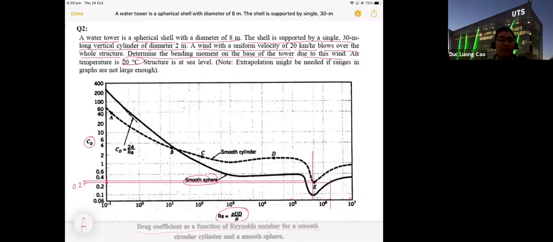Okay, and the result we have is 0.33. So you can use 0.31, 0.30, 0.33, or 0.34. That's okay. Approximately 0.32. Okay, you know how to get it.